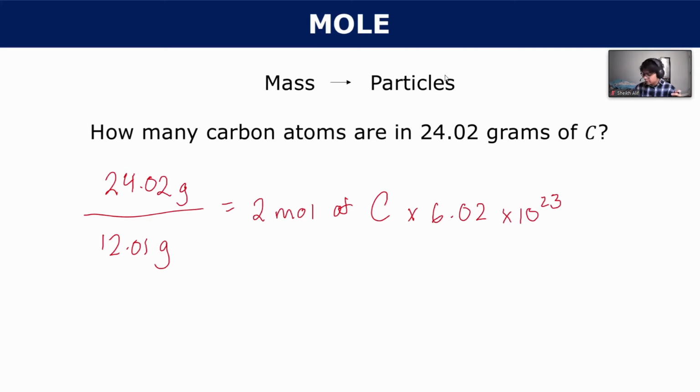Let me get my calculator out. 2 times 6.02 times 10 to the 23rd. It's going to be about 1.20 times 10 to the 24. So we did the calculation, and it turns out that in 24.02 grams of carbon, you're going to have 1.20 times 10 to the 24th carbon atoms.